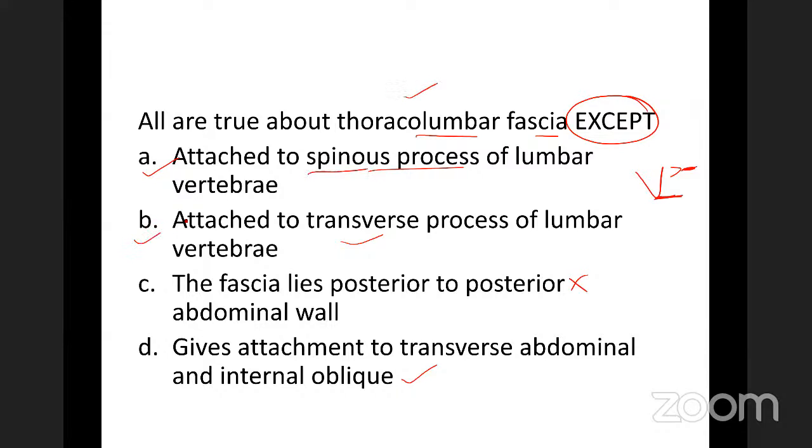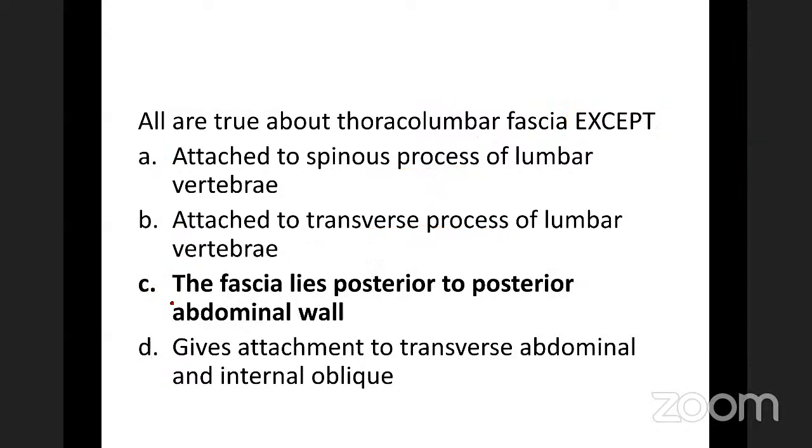It is attached to transverse process of lumbar vertebrae. It's correct because middle layer of thoracolumbar fascia is attached to the transverse process. It gives attachment to the transverse abdominis and internal oblique, correct, because the anterior lamina of the thoracolumbar fascia joins with the middle lamina of the thoracolumbar fascia, and from here it gives rise to two muscles, transverse abdominis and the internal oblique. So the wrong answer is this. The fascia lies posterior. That's the wrong answer.